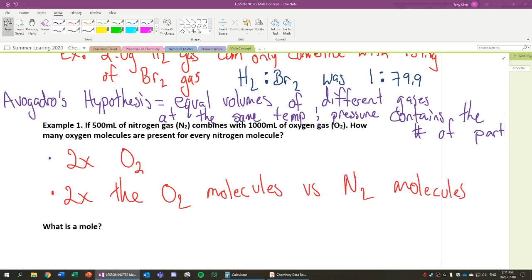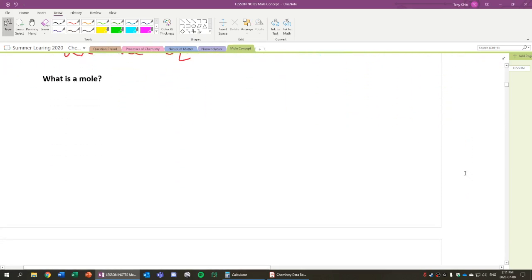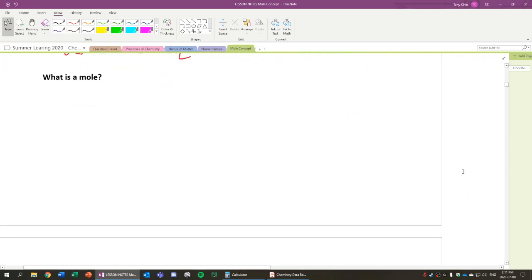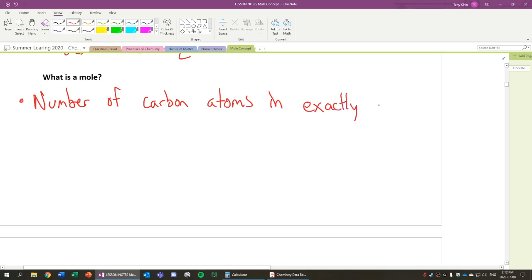So what does this have to do with a mole? Because a mole is something on your face, or an animal on the ground, or it's a spy. But a mole in science, in chemistry, is a bit different. It is defined as the number of carbon atoms in exactly 12 grams of carbon.